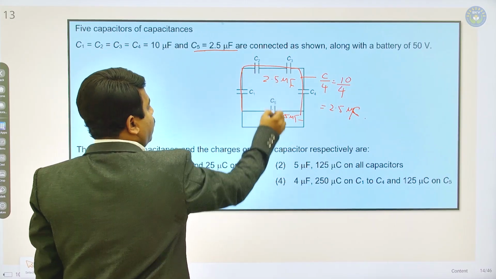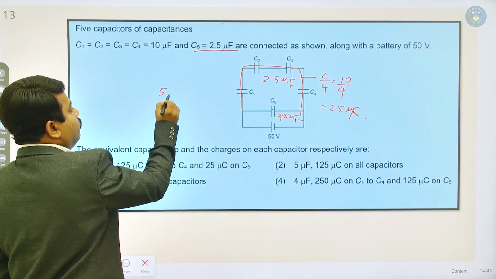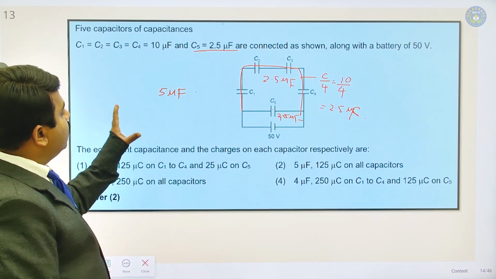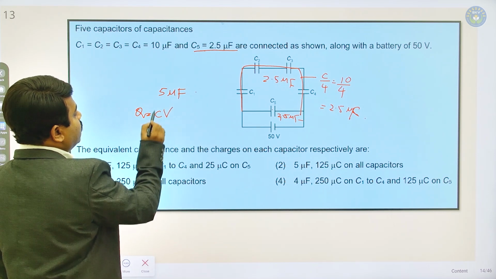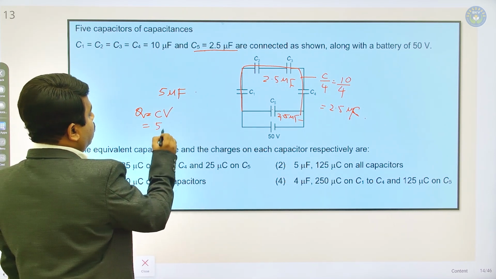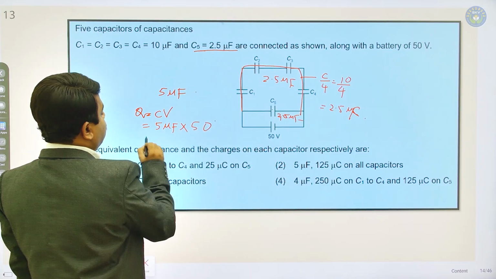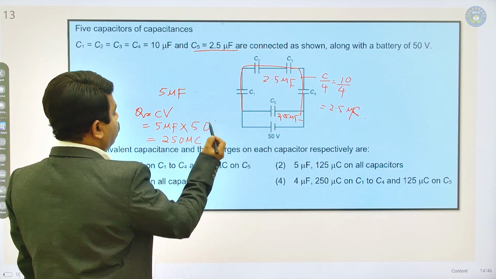So this effective is 2.5 microfarad. Now this and this are in parallel, then net is 2.5 plus 2.5, effective capacitance 5 microfarad, right? After getting effective capacitance, what is the net charge? CV. What is C? 5 microfarad effective capacitance into what is voltage? 50. Then 5 into 50, 250 microcoulomb.